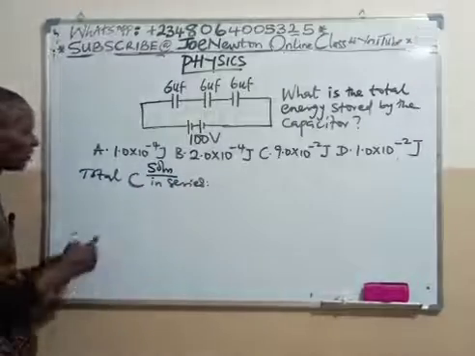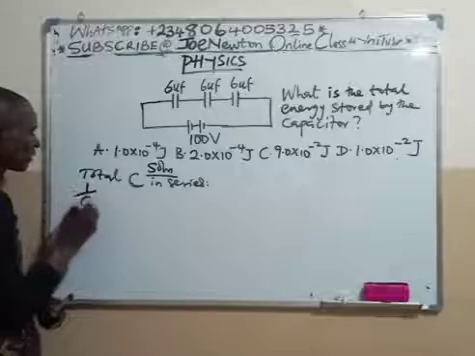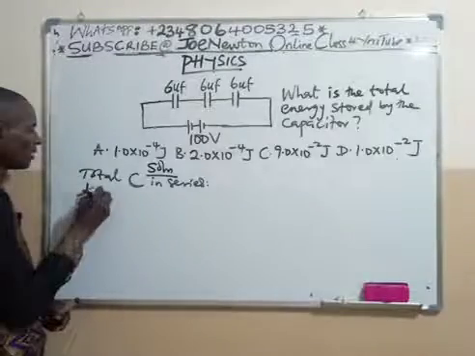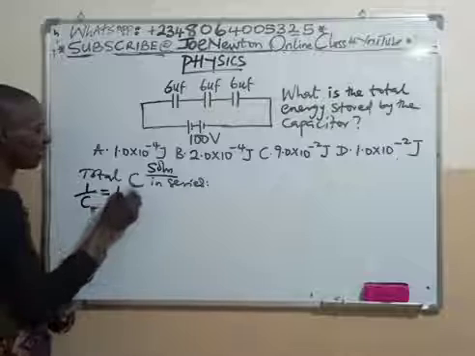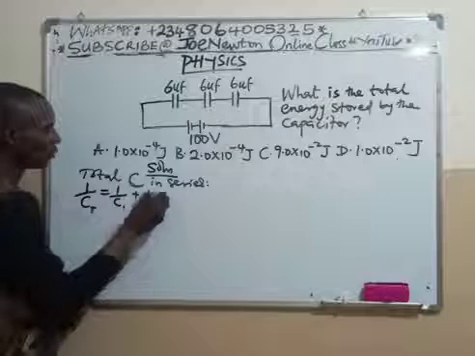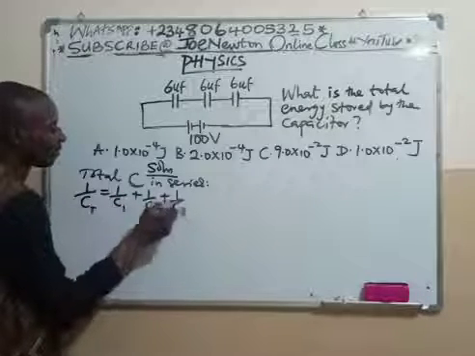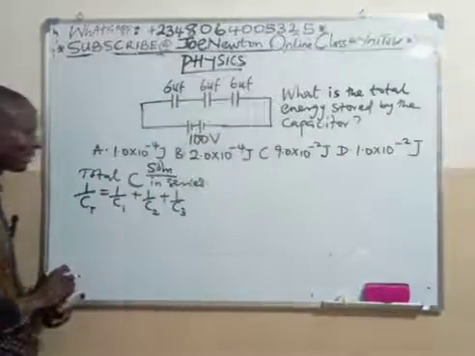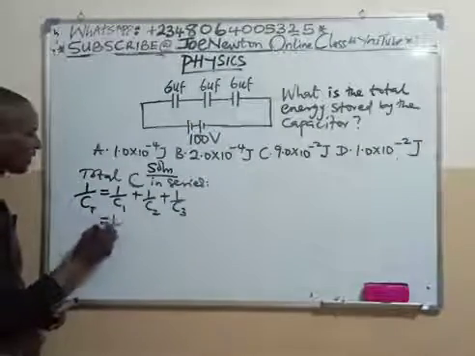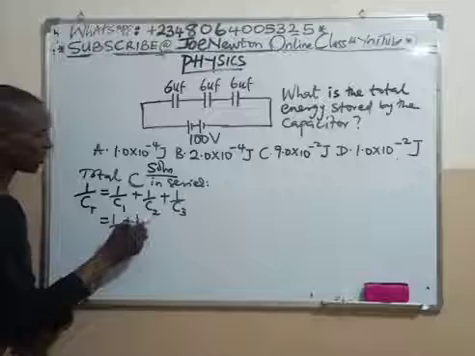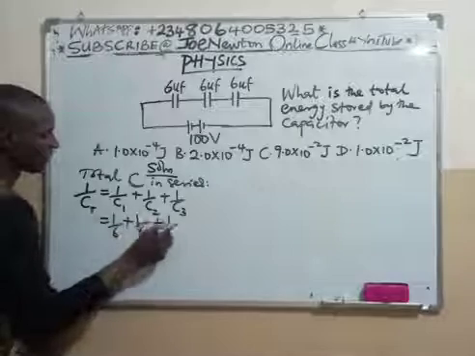What we need to do is this: 1 over C total, beginning with reciprocal, is equal to 1 over C1 plus 1 over C2 plus 1 over C3, because we have three capacitors here, which is equal to 1 over 6 plus 1 over 6 plus 1 over 6.